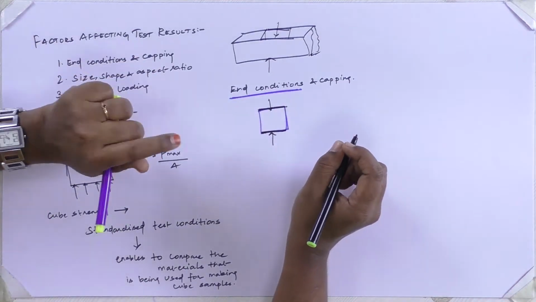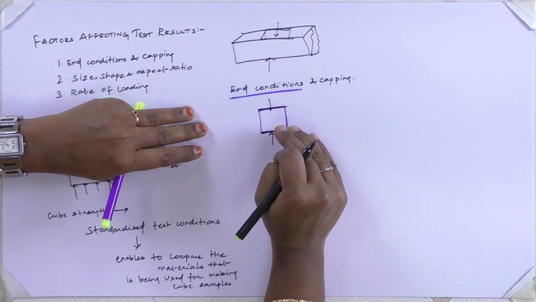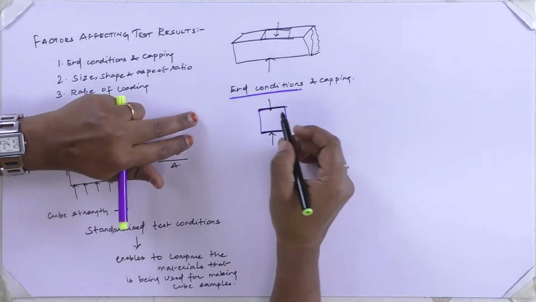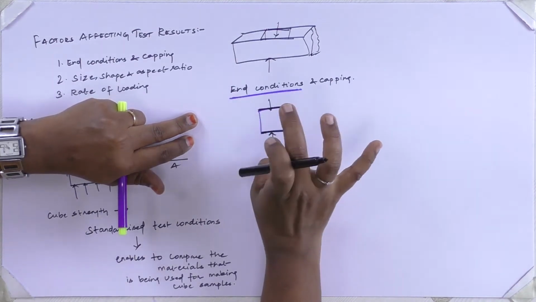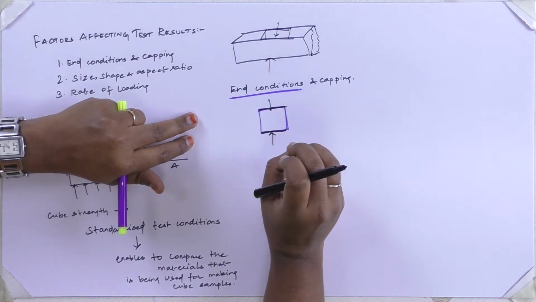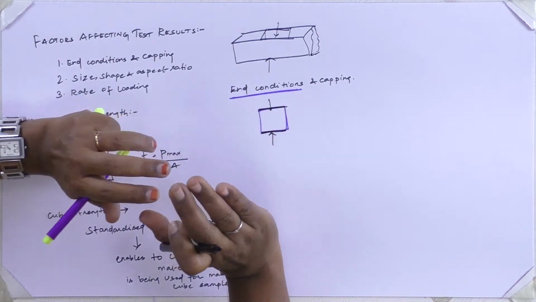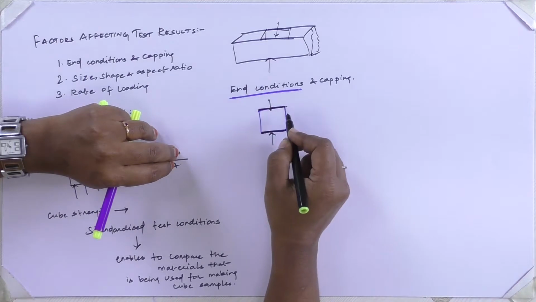Suppose we are going to test a core from the structure, that is, from a structure we are cutting a part of an element and we are testing it.